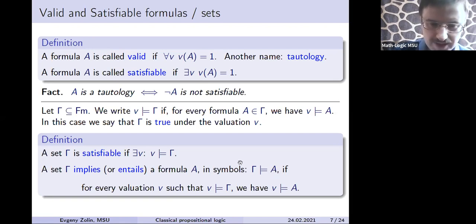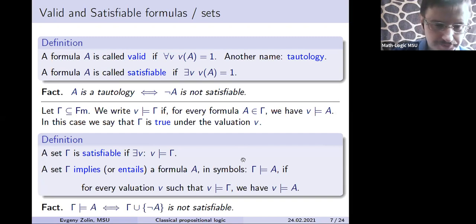So this is the main reasoning task in logic. If we take some assumptions, can we obtain some consequences? Again, the same connection as here. Formula A follows from gamma if and only if we take its negation and put it into the set gamma, then this set is not satisfiable. So this is a clear analogy with this fact. Of course, if gamma is empty, we obtain exactly this old fact.